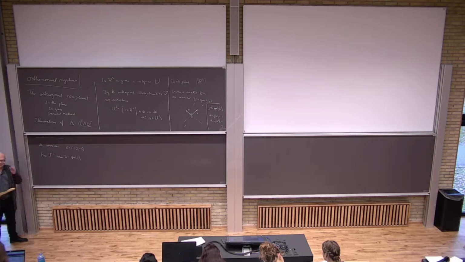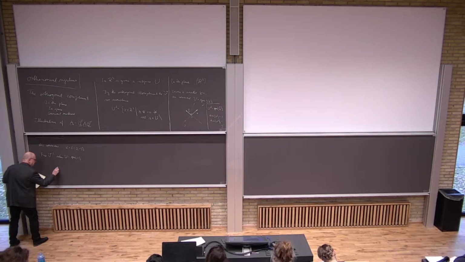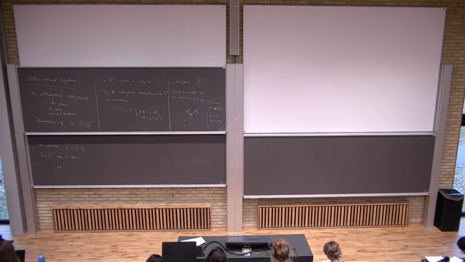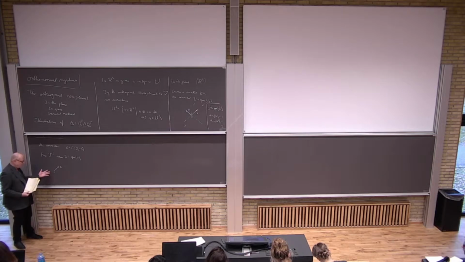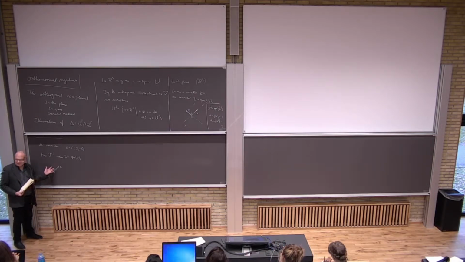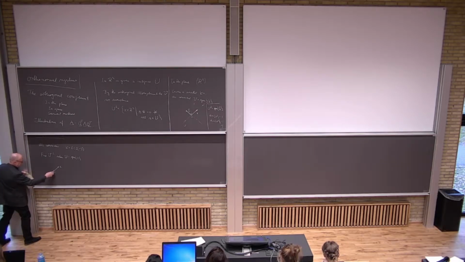Again, I can try to draw this. Let's say I draw this. I take the origin and then I draw the vector V here. Then obviously the orthogonal complement will be all vectors lying in a plane that is perpendicular to V. So let me try to see if I can illustrate that.